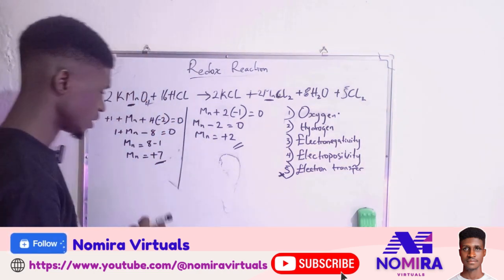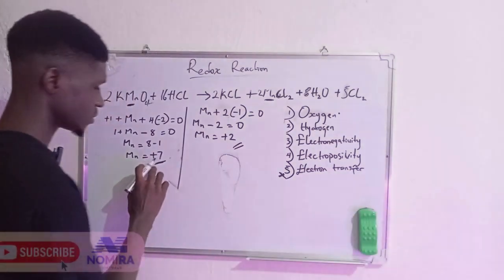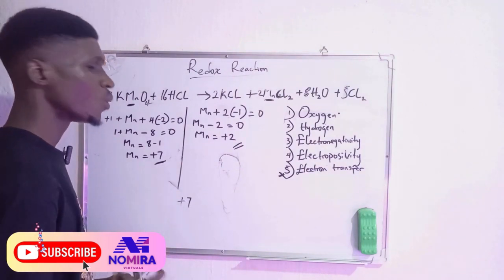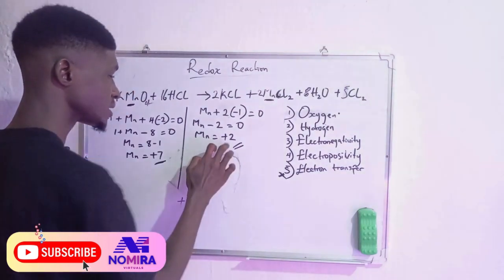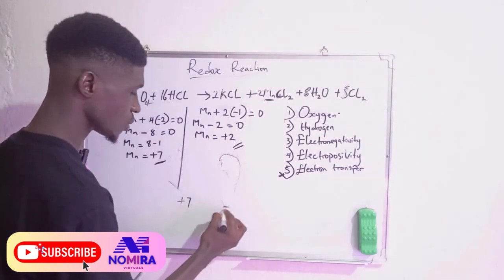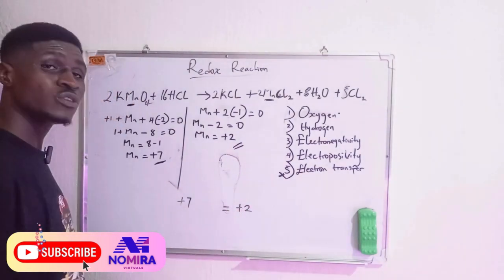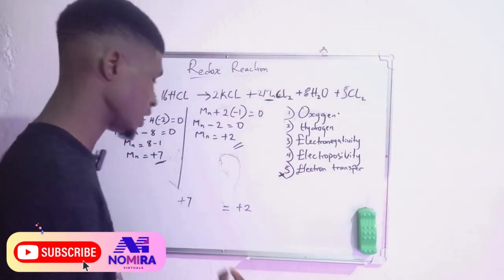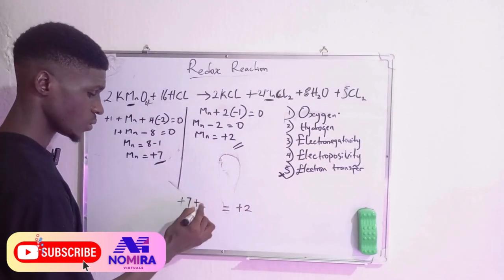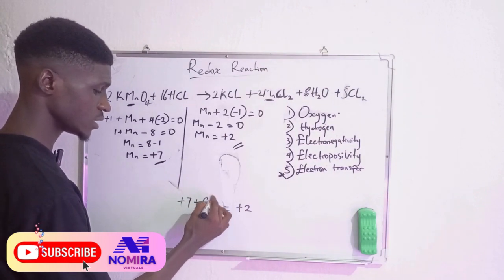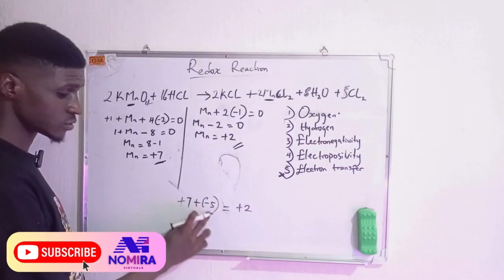For instance, let's say this was plus 7. To get a result of plus 2, you must have added more electrons. Let's say you added 5 electrons.